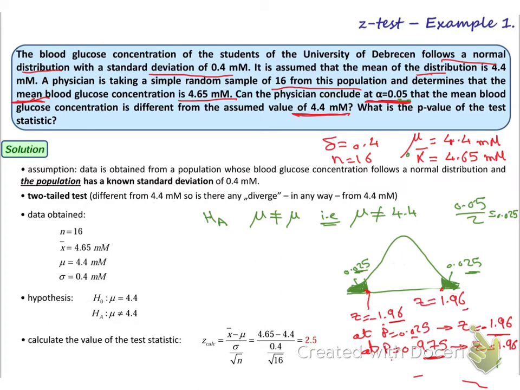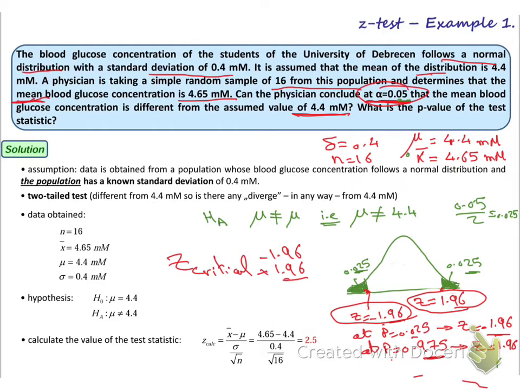So now I have got the Z values, 1.96 and minus 1.96. After getting the Z based on alpha, this is called Z critical, which is minus 1.96 and positive 1.96.